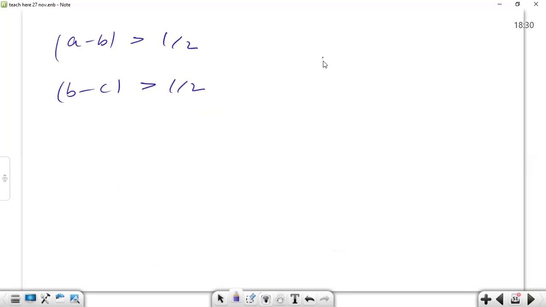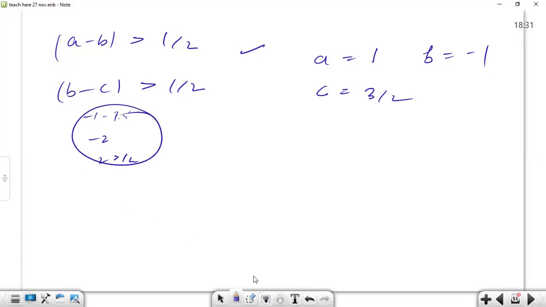Taking A as 1 and B as negative, so 1 plus 1, that's 2. That's fine. Let's take C as minus 1, minus 1.5, so 3 by 2. Here minus 2 and 2 will be greater than half. Okay, this is also satisfying.